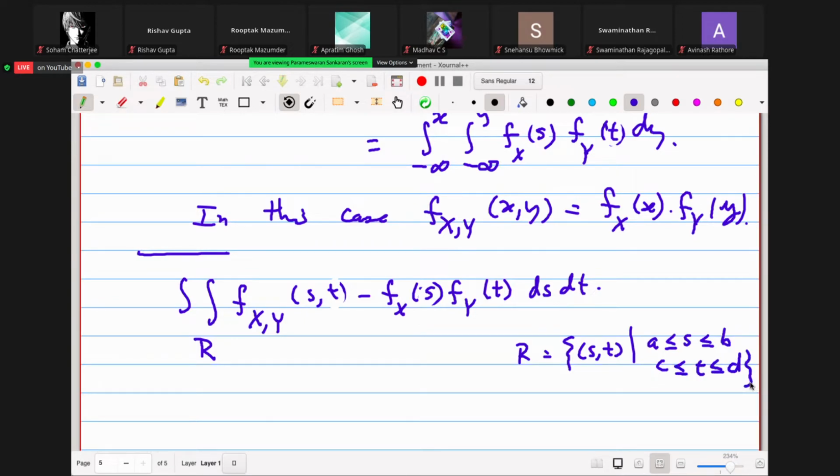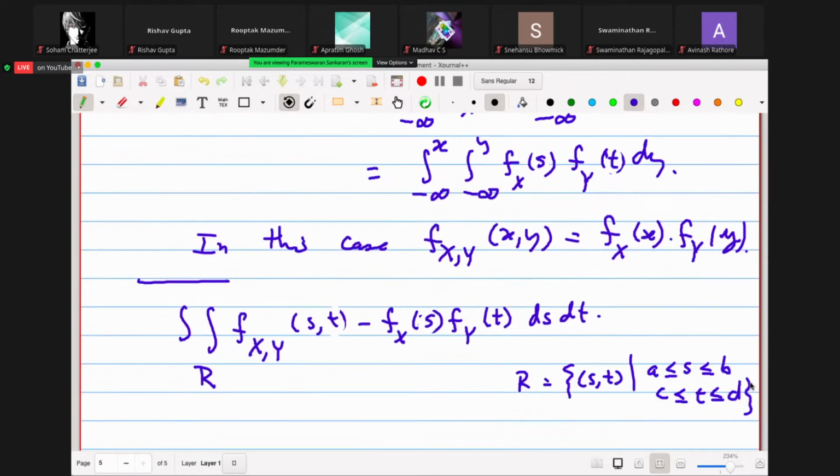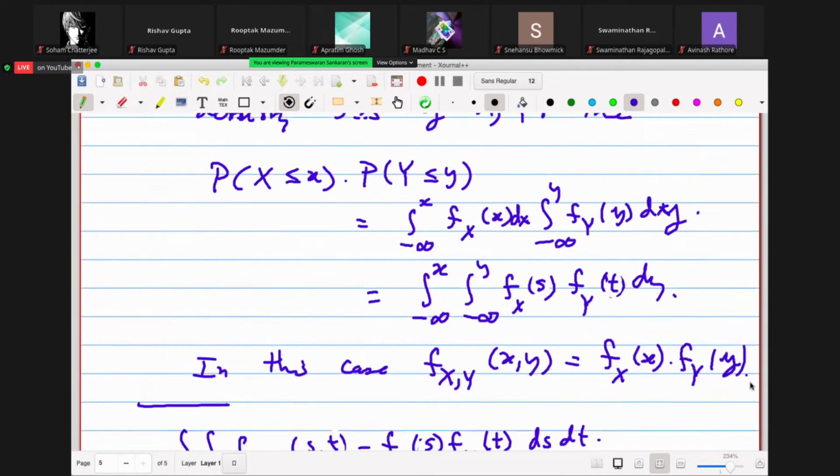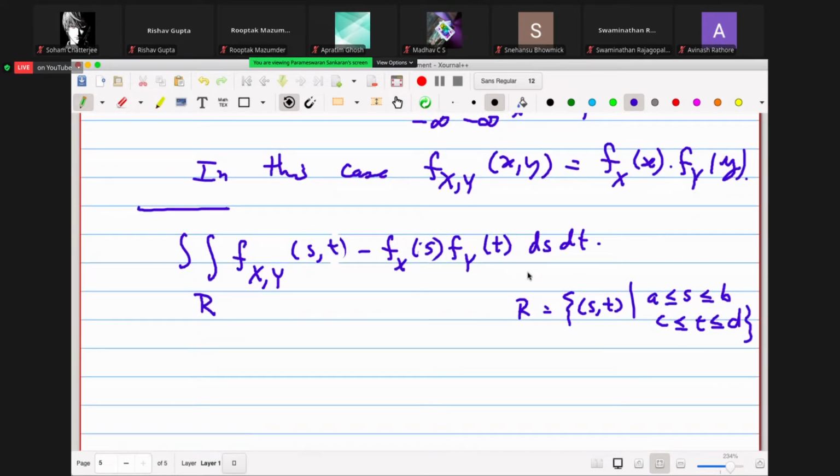This you can prove from the fact that this previous equation is valid for all possible s and t. So I'm just giving something to justify this.